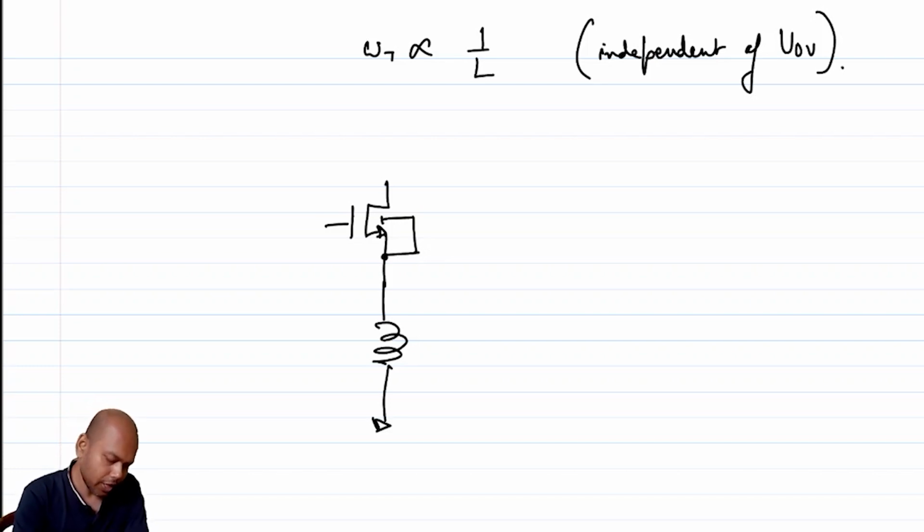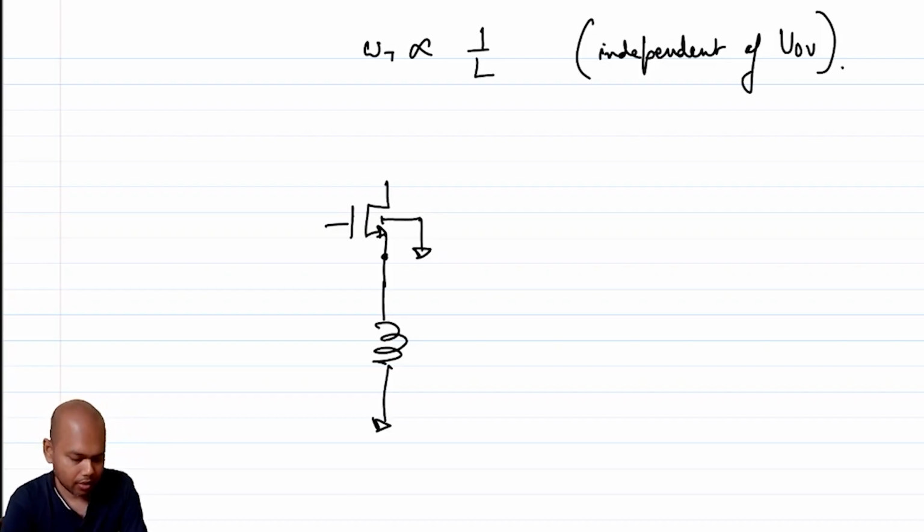Let's say the body is grounded, and let's not bother about the fact that forward bias and all those things can happen. I want to focus on the capacitance seen looking into this node, right? That's what I am bothered about.